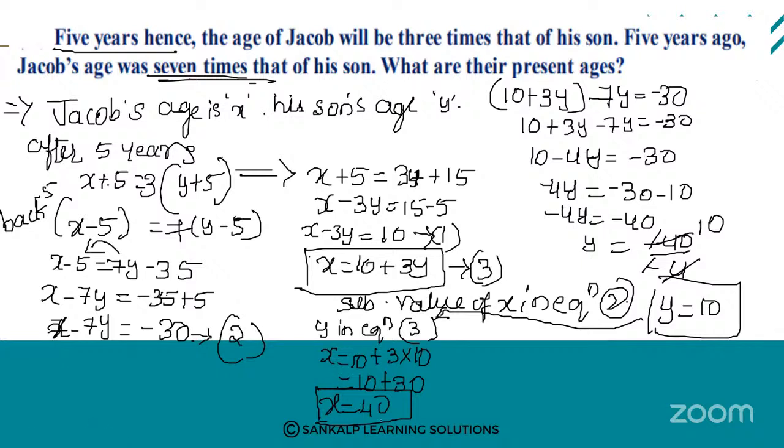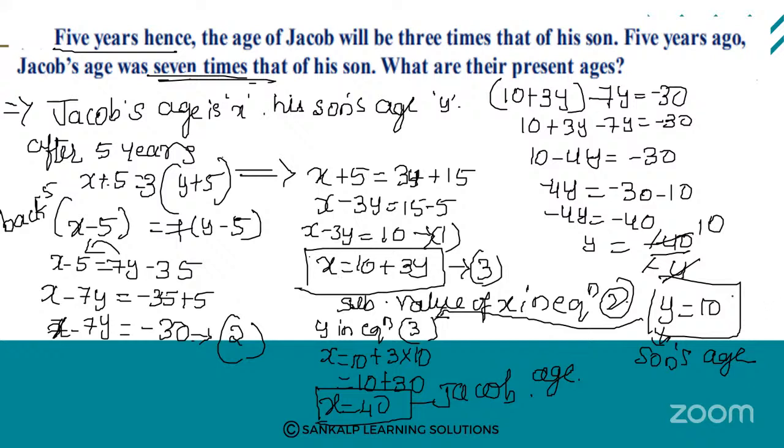That is son's age. What did we consider x as? We considered x as Jacob's age, right? This is Jacob's age and this is son's age. Here they have given that 5 years hence the age of Jacob will be 3 times that of his son.